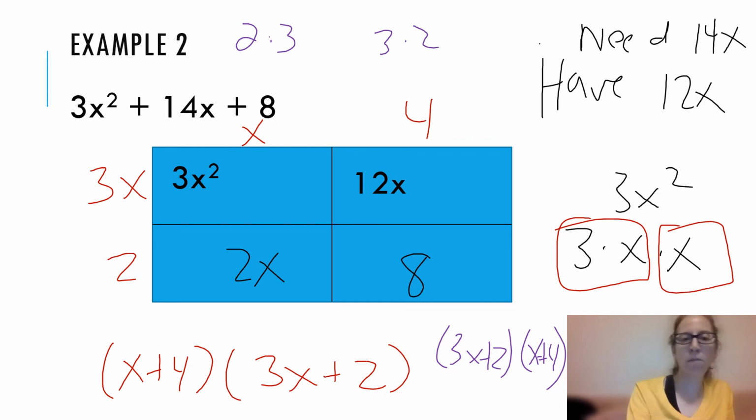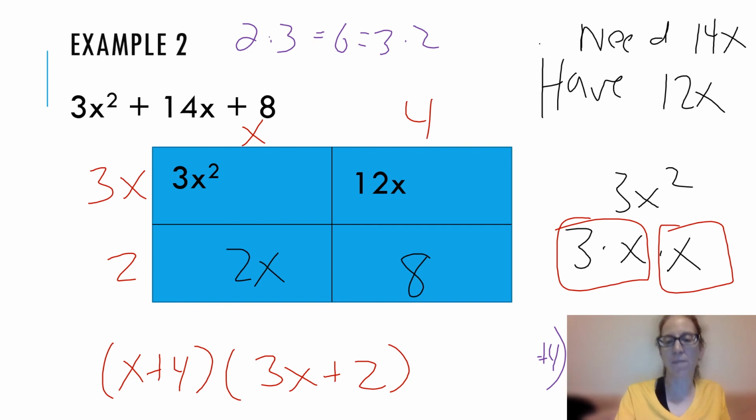Are those the same? Yes, they are both equal to 6. So it's the same deal. You're writing two things that are being multiplied. It does not matter which order you write them in. So if you write them one way and I write them the other way, it doesn't matter, because you're just going to multiply them anyway.